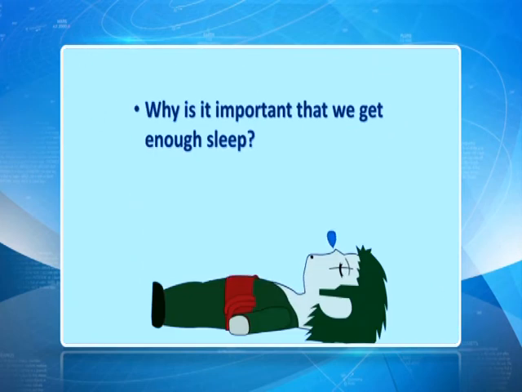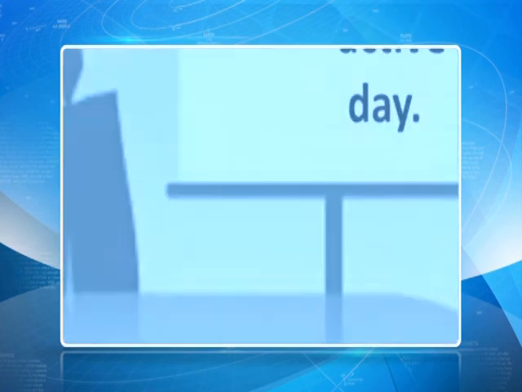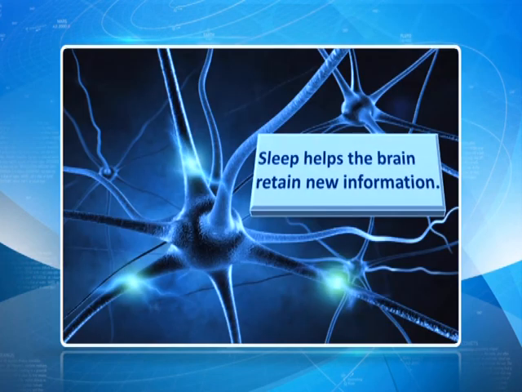Why is it important that we get enough sleep? So getting enough sleep is essential, is important for young people's health and well-being. It is the key of staying active all day. And sleep helps the brain retain new information and remember that information later on.